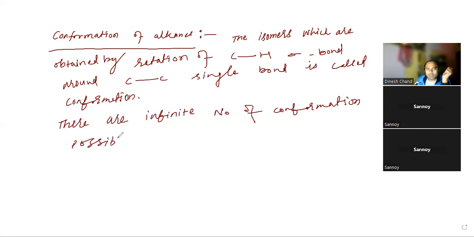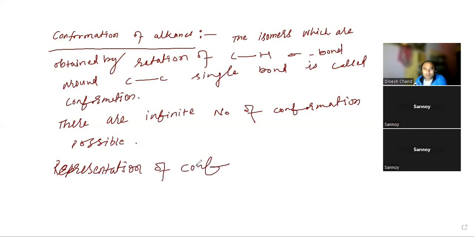Now we have to understand. Firstly, you try to know the representation of conformation. There are two types of representation.